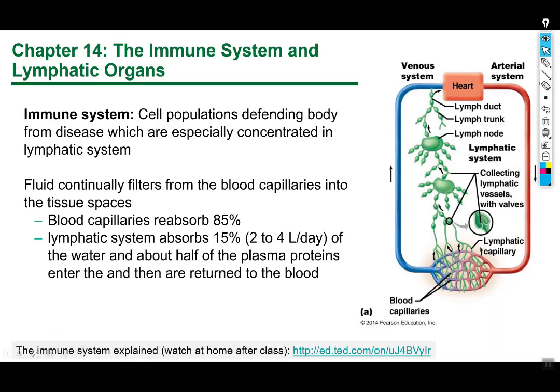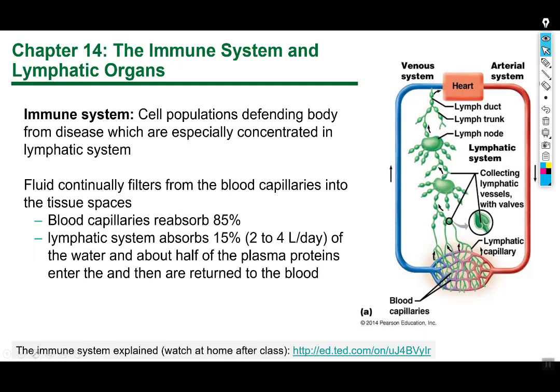Okay, so with the lymphatic and immune system, you can really divide this into two different sections. The lymphatic organs and system are basically a way to take the blood and what's in it and filter it, and that helps to increase the likelihood of pathogen detection. The immune system are populations of cells that basically protect your body.